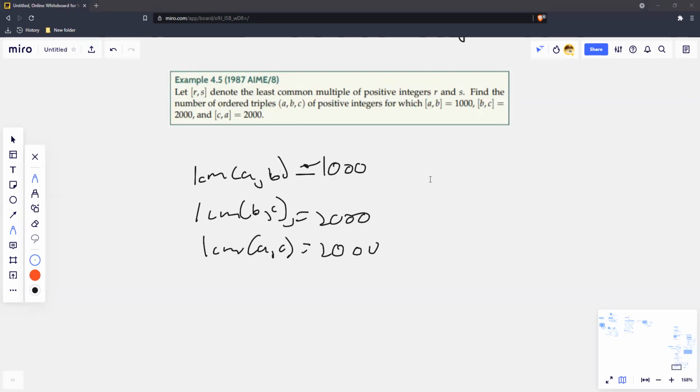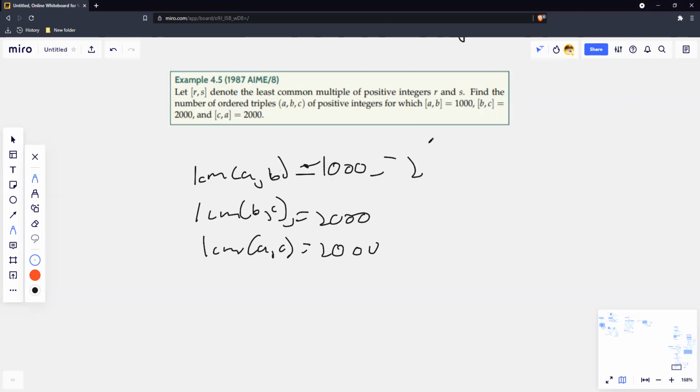So first we can actually factor, what I forgot to do this, but let's just do it. We can write this as 2 cubed times 5 cubed, 2 cubed times 5 cubed. This is 2 to the power 4 times 5 cubed, right? And this is also 2 to the power 4 and 5 cubed. Okay.